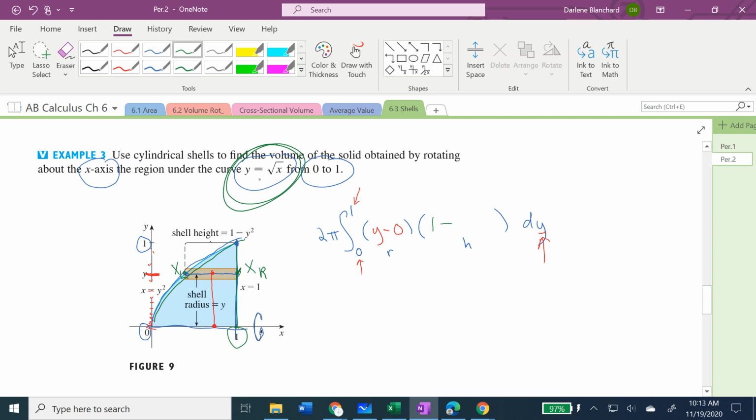And so when I square both sides, I get that X is equal to Y squared. So Y squared is the X coordinate of the left side of that length.